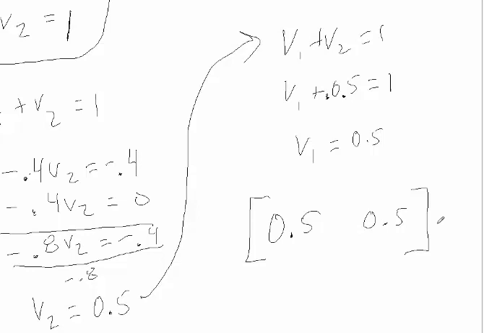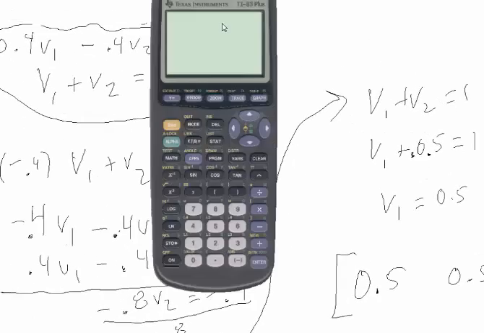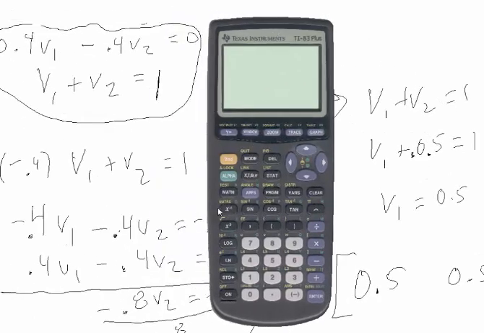Now, a second way we can solve this would be using our calculators. So I'm going to bring up the calculator. Again, this is the TI-83. So what I can do is go into matrix.